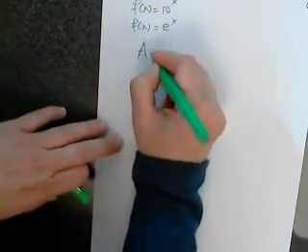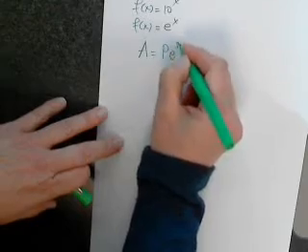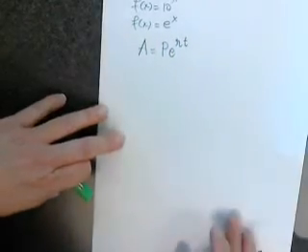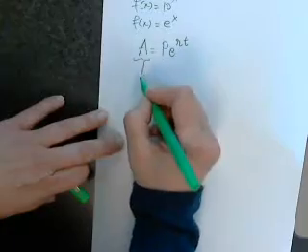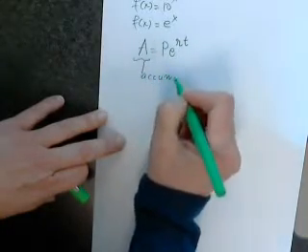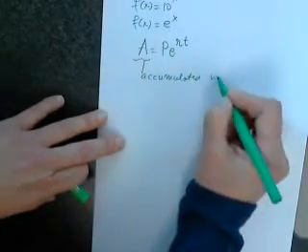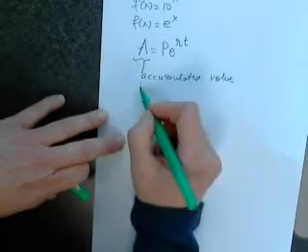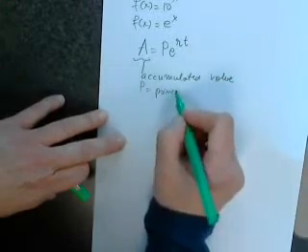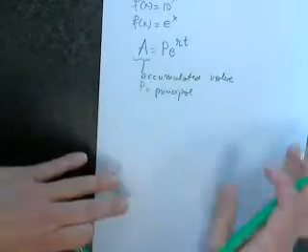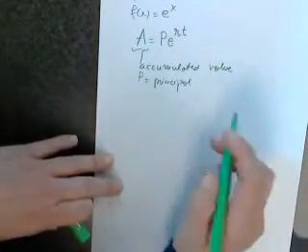So A equals P e to the RT. What does this mean? A is the accumulated value. P is the principal. e is a number, Euler's number, 2.71.